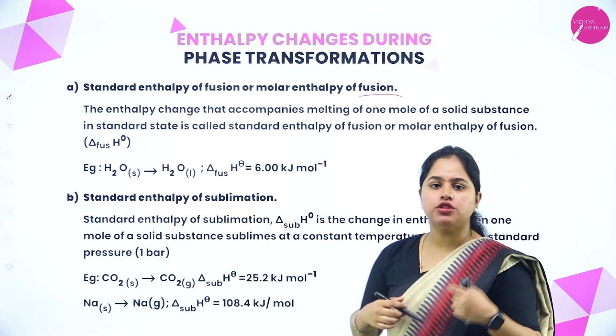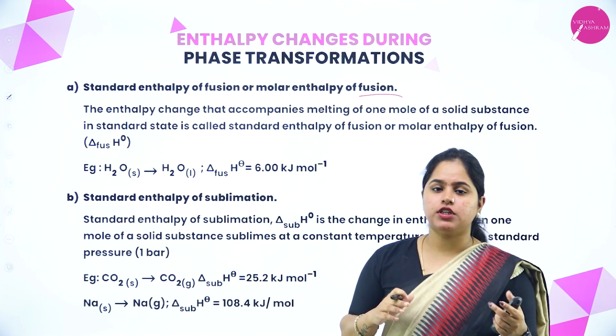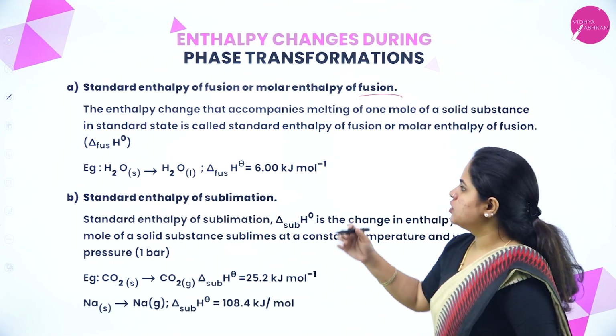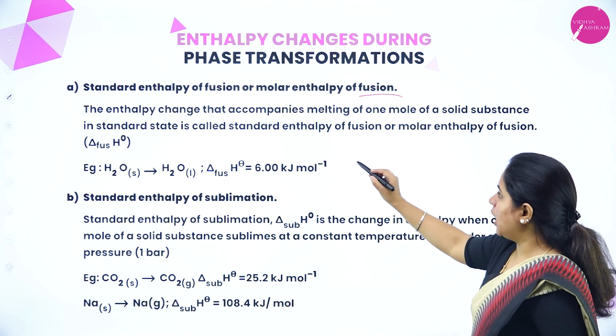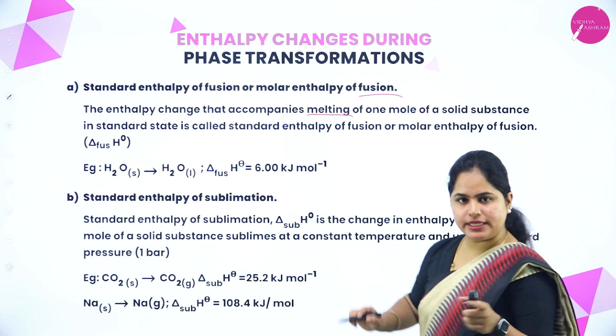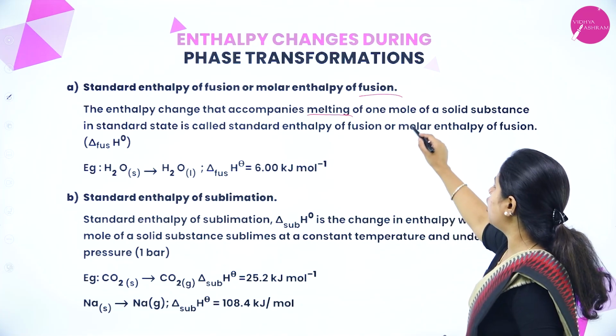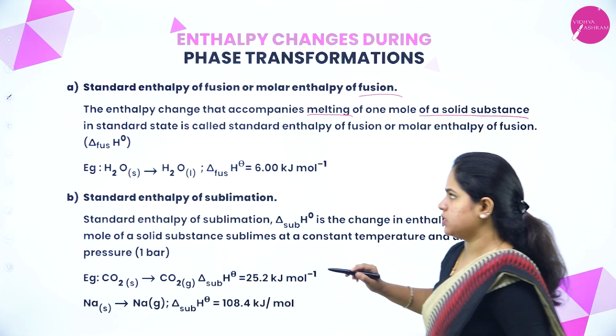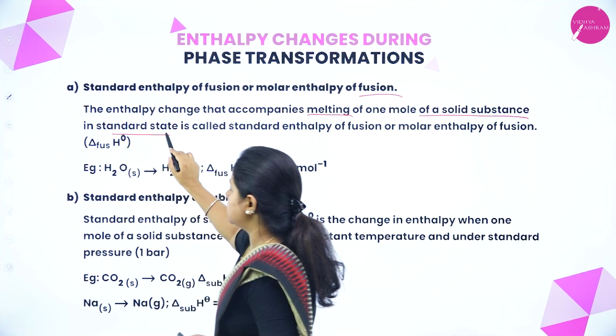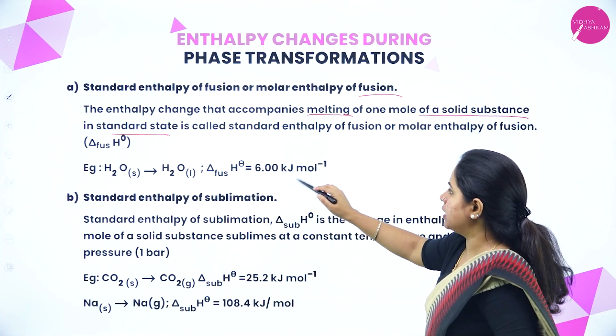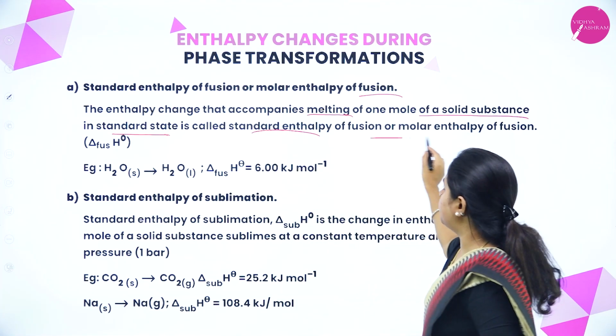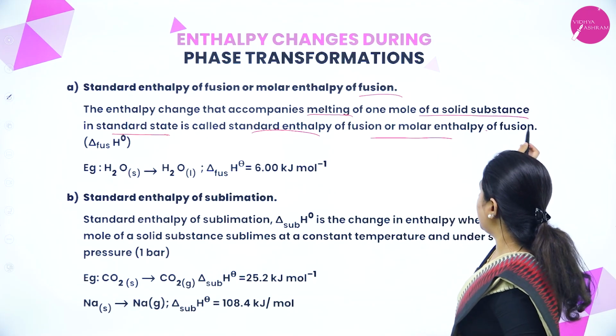What is fusion? You already know that it is the conversion of solid into liquid state. So the enthalpy change that accompanies melting, means solid to liquid, right? Melting of 1 mole of solid substance in standard state. This is important. In standard state, it is called standard enthalpy of fusion or molar enthalpy of fusion.